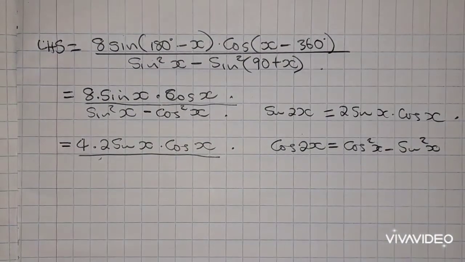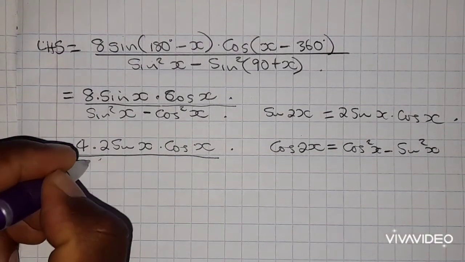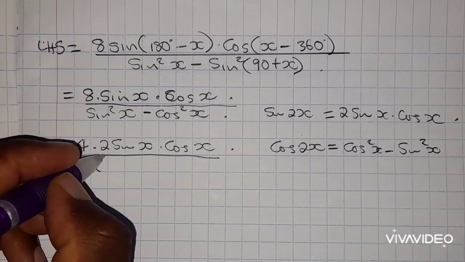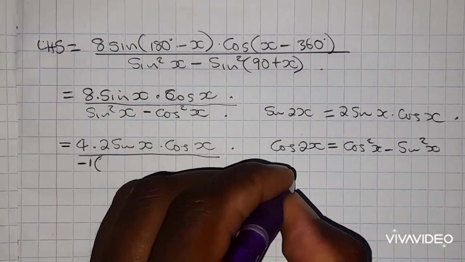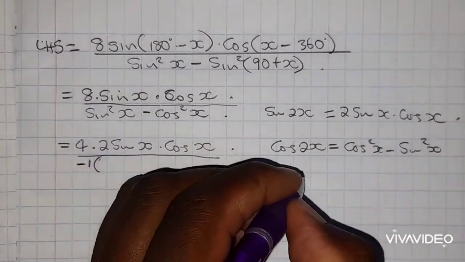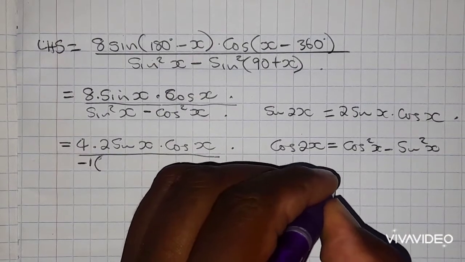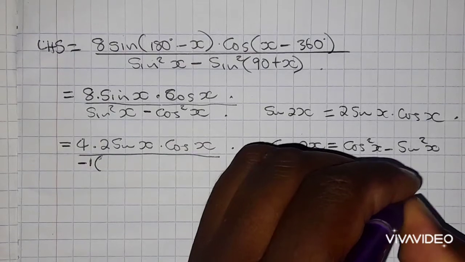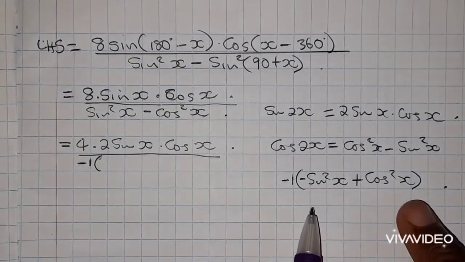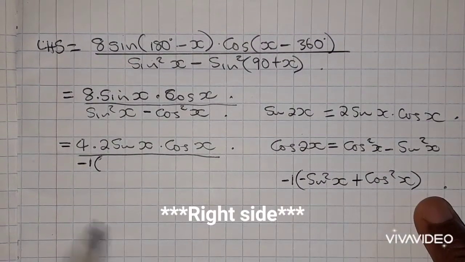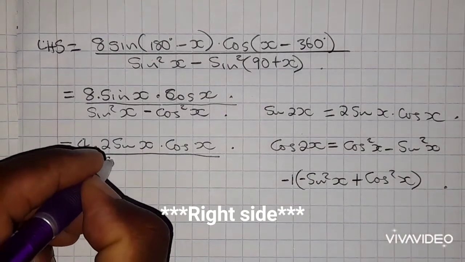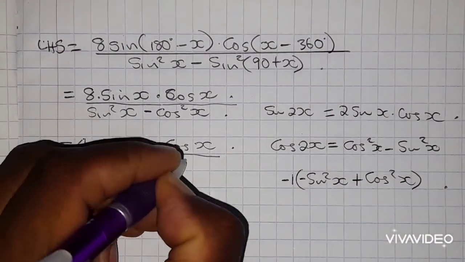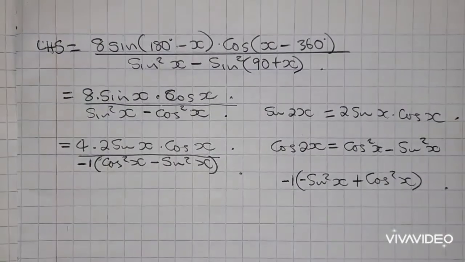We need to factor out -1. If we factor out -1 here, we are going to be left with -1 bracket negative sine x squared plus cos x squared, right? This is negative, so we can take it to the left side. So we are left with cos x squared minus sine x squared.